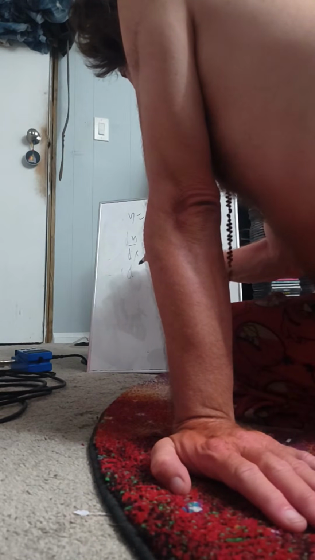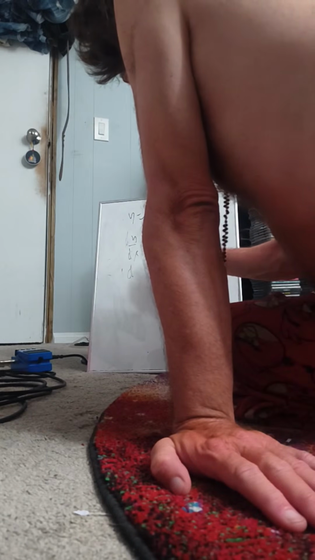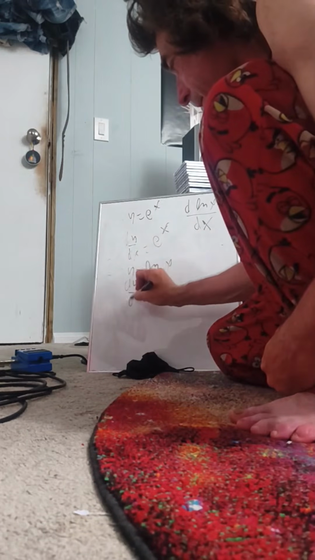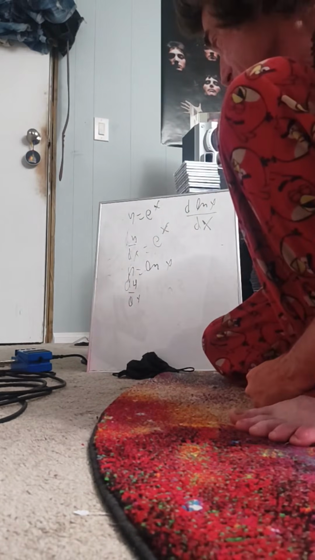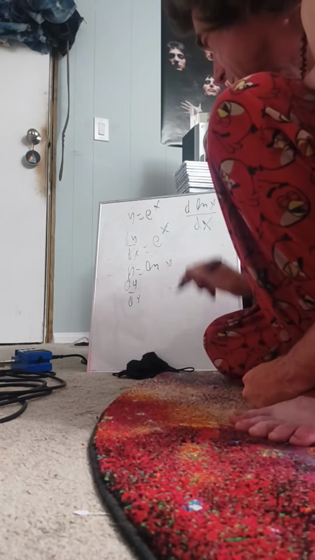Here's what I want to do, guys. I want to say y equals logarithm of x, and I want to know what dy dx is, because that's the derivative of the logarithm of x dx. So y equals logarithm of x. That's what I have so far.